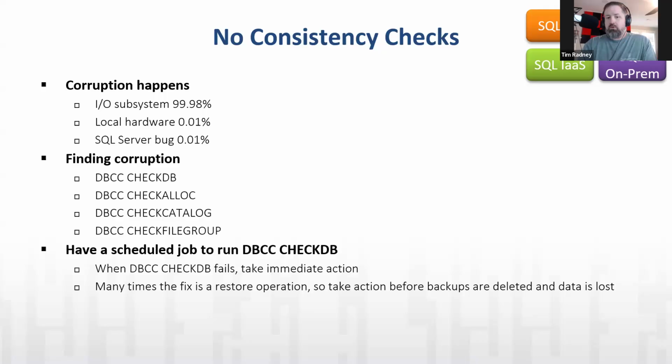So as long as you have your fulls, differentials, and transaction logs up to right now, you can restore and get back with 0 data loss, or at least up to when, depending on the level of corruption, it happened. So you can drastically minimize data loss by having the proper backups. But how are you going to encounter and know corruption is there?